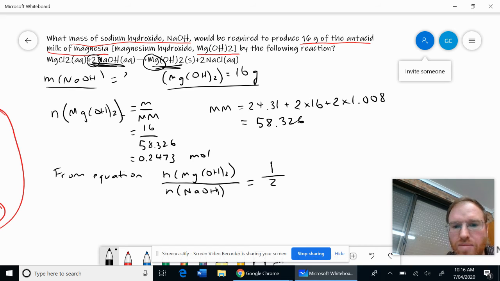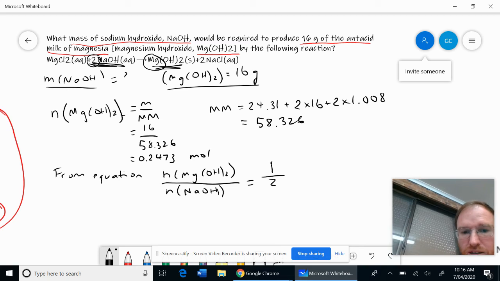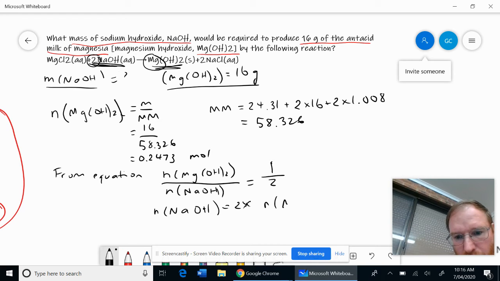That's the tricky step, getting that ratio. But I know that for every 1 mole of magnesium hydroxide, I've got 2 of sodium hydroxide, so that gives me the ratio. And I can then rearrange that, and it will give me that the number of moles of NaOH is equal to 2 times the number of moles of Mg(OH)2.